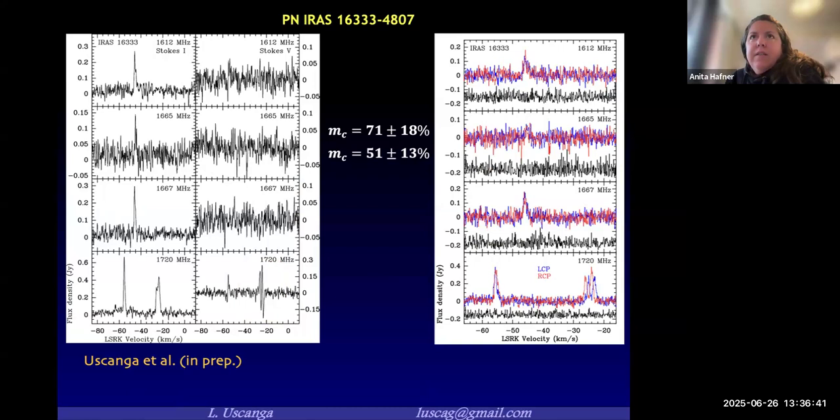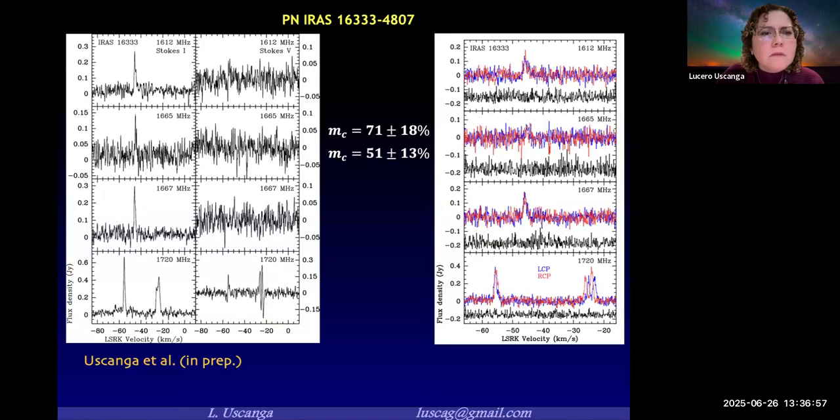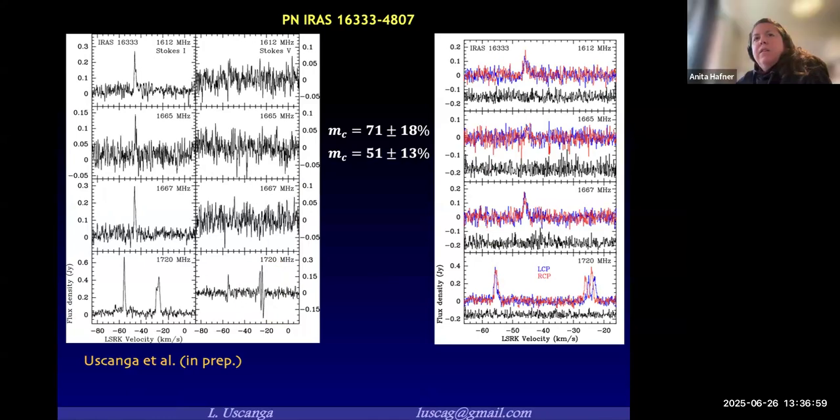Having another look at that, is that 1612 feature one half of a double-horned feature? I can see it's a little bit skewed there. It has a bit of a longer tail on the right-hand side, the positive velocity side. Yes. It looks like the 1720 is at quite a different velocity. Not a huge difference, but different enough maybe.